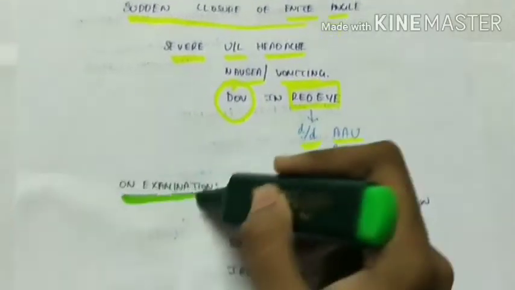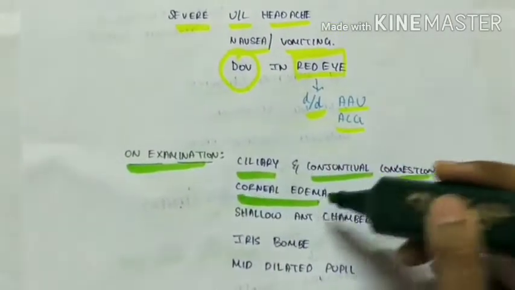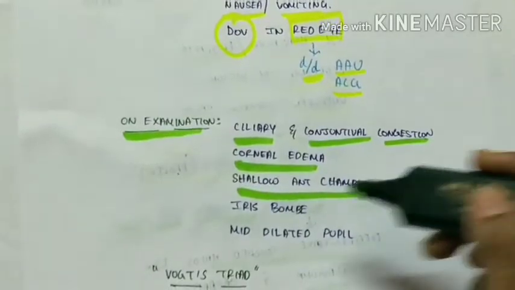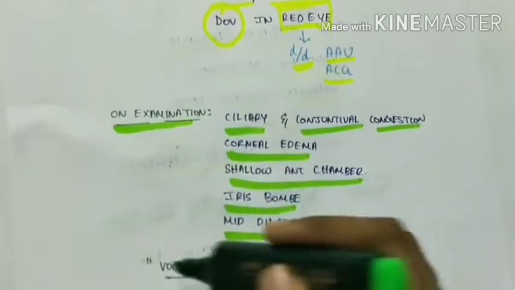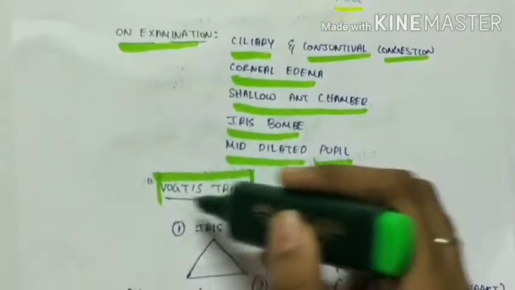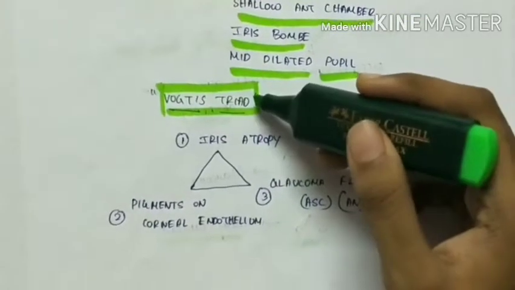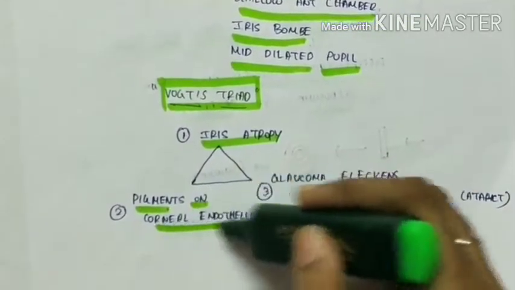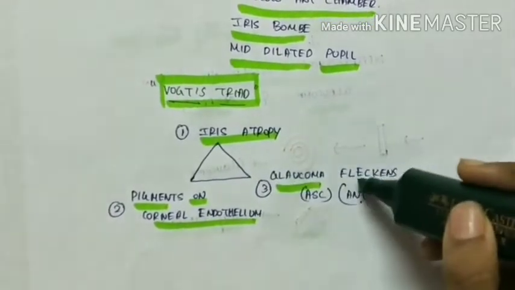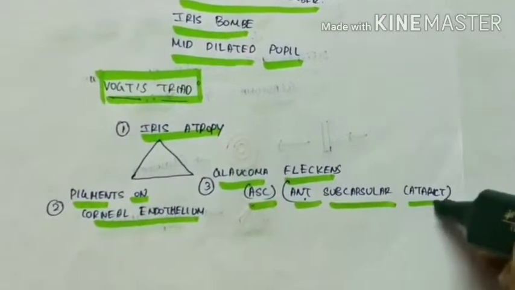On examination, there is ciliary and conjunctival congestion, corneal edema, shallow anterior chamber, iris bombe formation, and mid-dilated pupil. And there is the characteristic Vogt's triad seen in this acute PACG stage. This triad consists of iris atrophy, pigments on the corneal endothelium, and glaukomflecken, which is nothing but anterior subcapsular cataract.